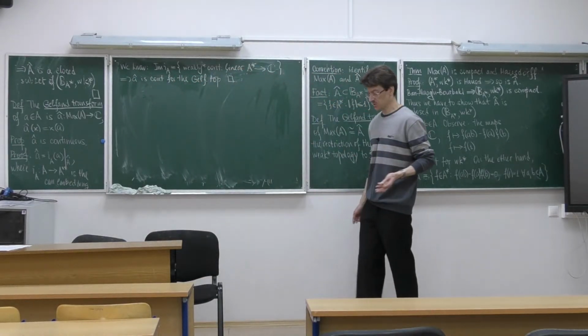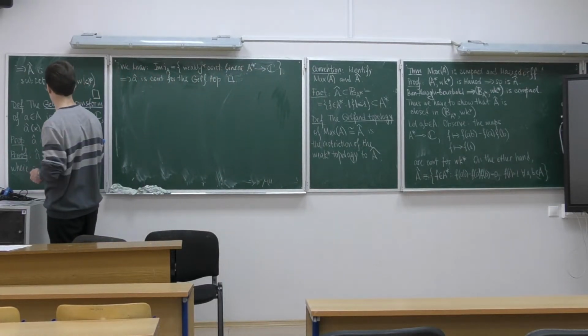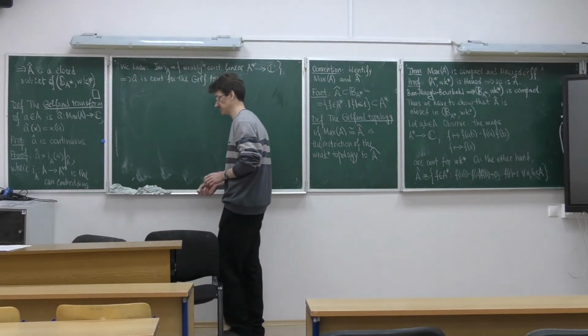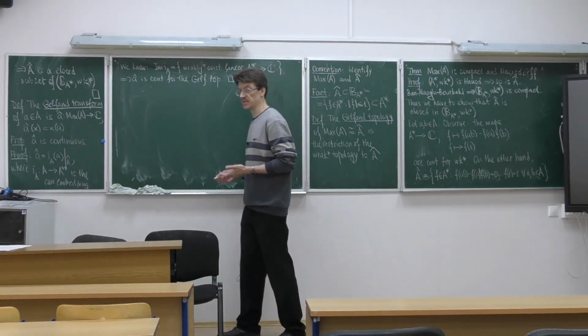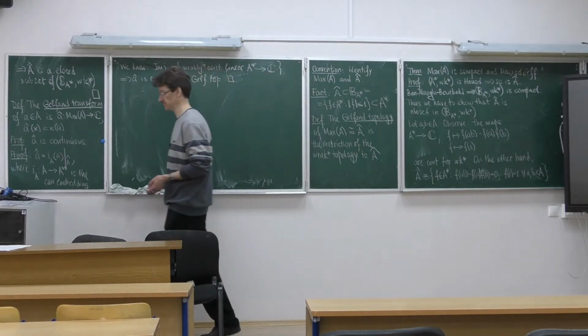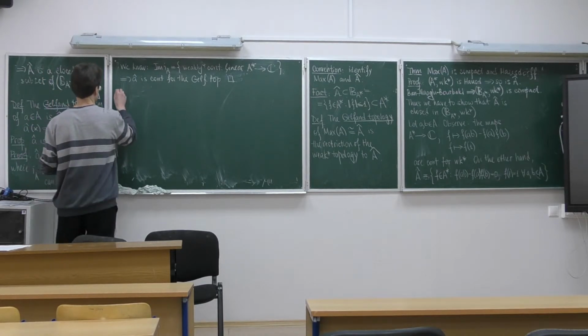Okay. So thus we see that for any element little a in our algebra, we have constructed a continuous function on a maximal spectrum. So we get a map from A to the algebra of continuous functions on the maximal spectrum. And this map is called the Gelfand transform of our algebra.